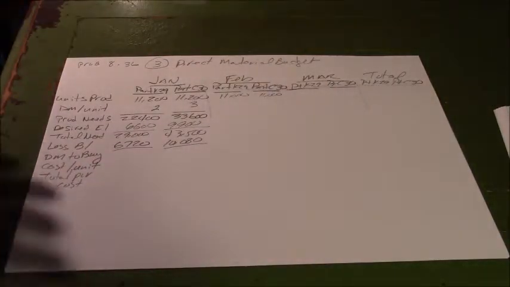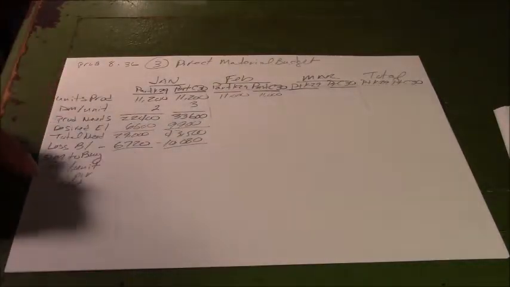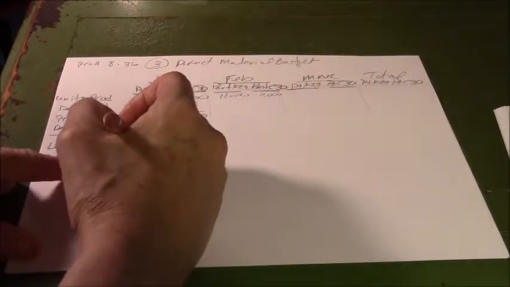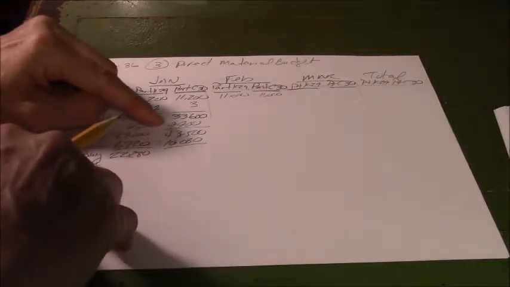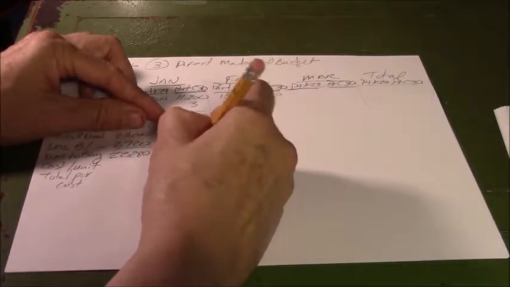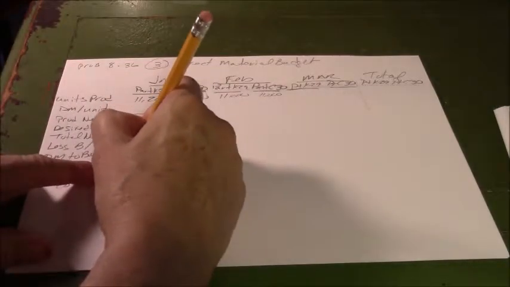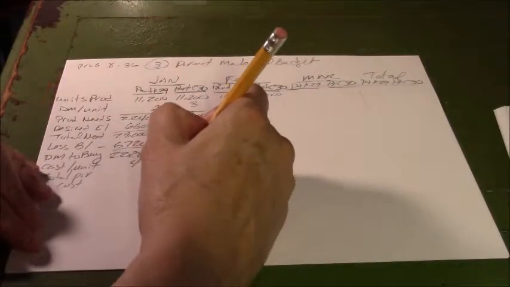So we subtract this from 29,000, and we end up with 22,280. And 43,500 minus 10,080 is 33,420. And they tell us in the book that the cost per unit for part 29 is $4, and the cost per unit for part 30 is $7.